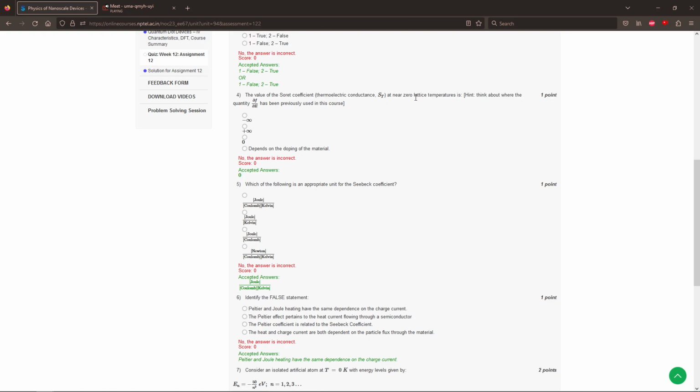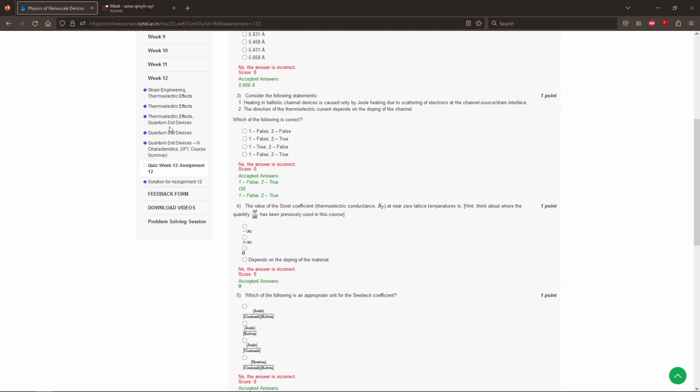So in this case, what you will find is that ∂F/∂E at near zero temperatures, the Fermi function becomes flat. Since the Fermi function becomes flat, let's go back to the thermoelectric effects slide.